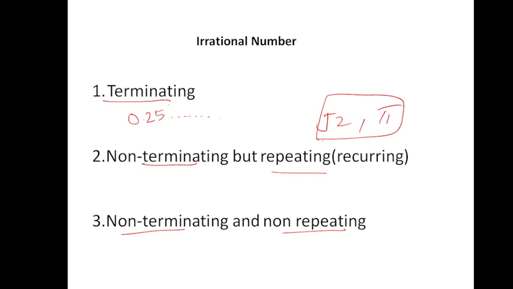It ends after certain digits. Something like 1.205, and after certain digits, that means it ends after 5, no digits after 5. That is an example of the terminating nature.